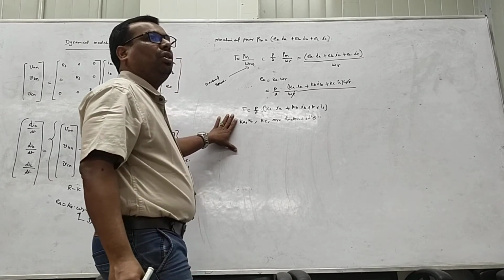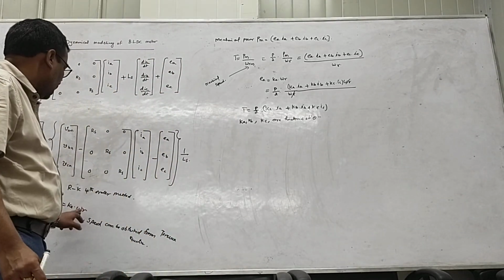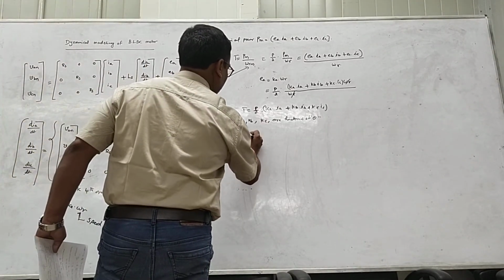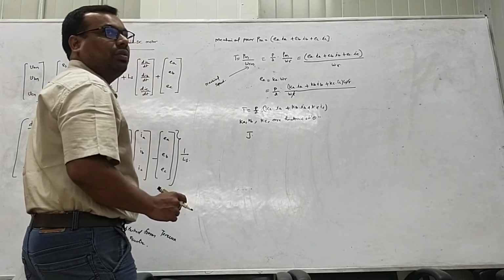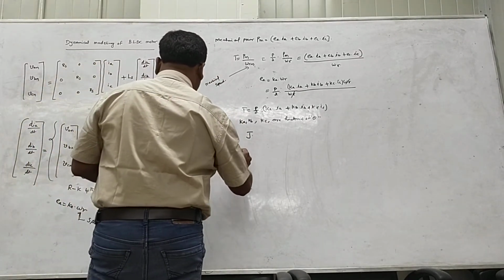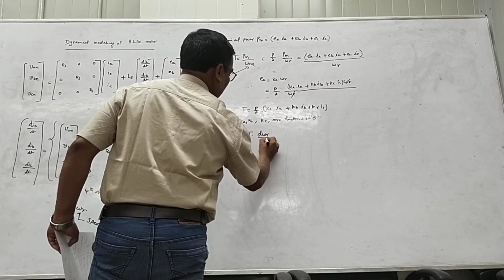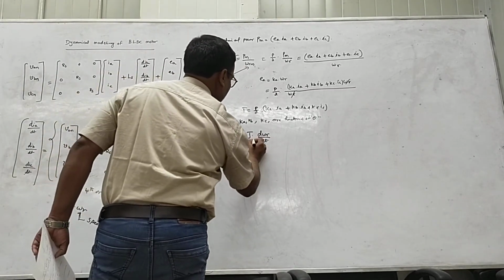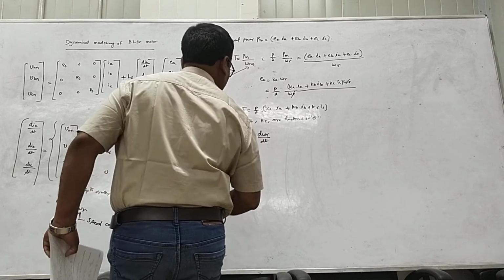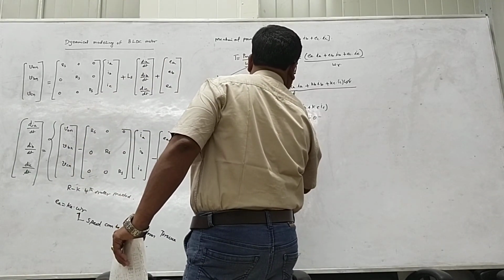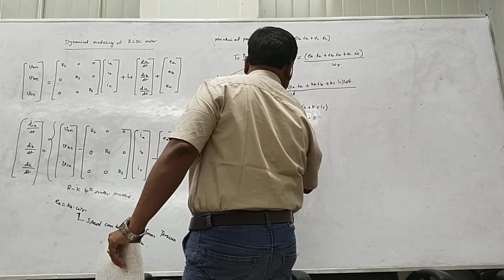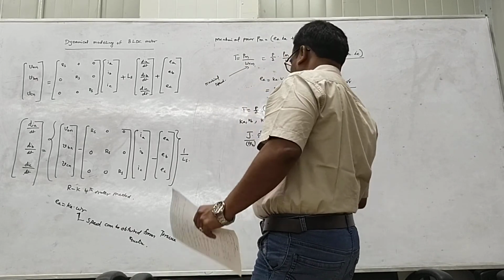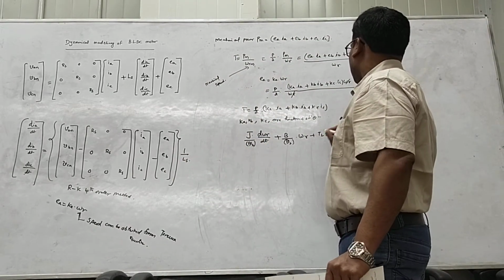Now our intention is to find the expression for omega R. The electromechanical equation can be represented with the friction coefficient B: J into d omega R by dt, with P by 2, plus B divided by P by 2 into omega R, plus load torque TL, is equal to the motor torque T.